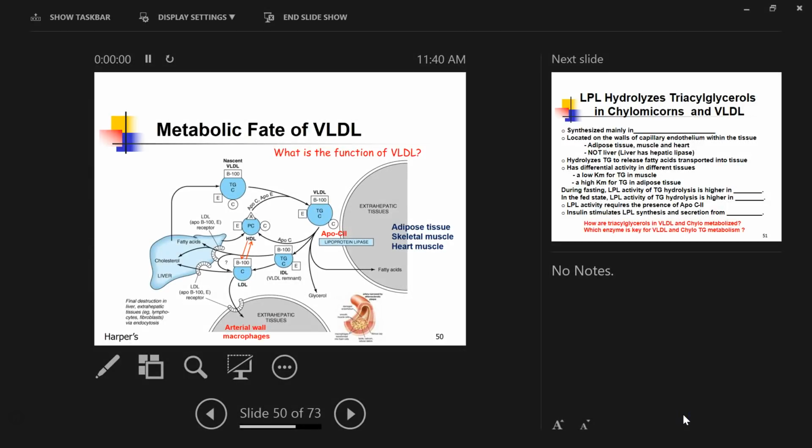How VLDL is made, and where the fatty acids come from for making VLDL. I think we talked about three sources of fatty acids for triglyceride in VLDL. One is circulating fatty acids.